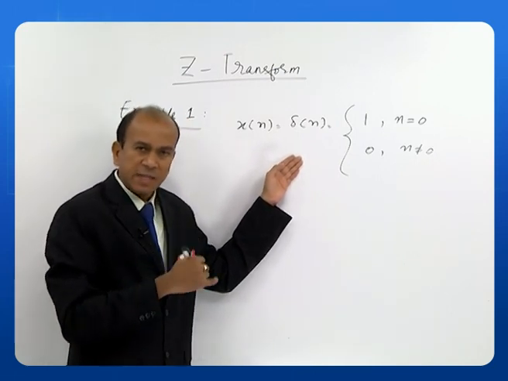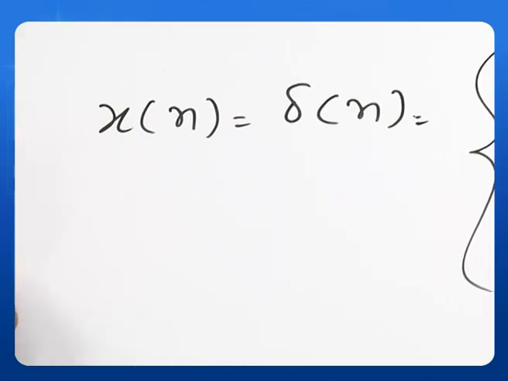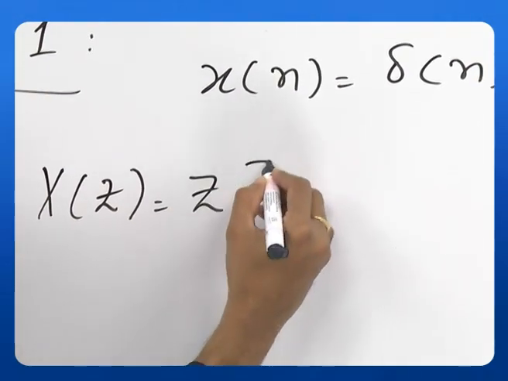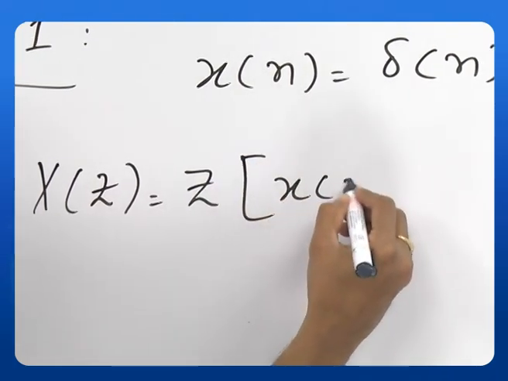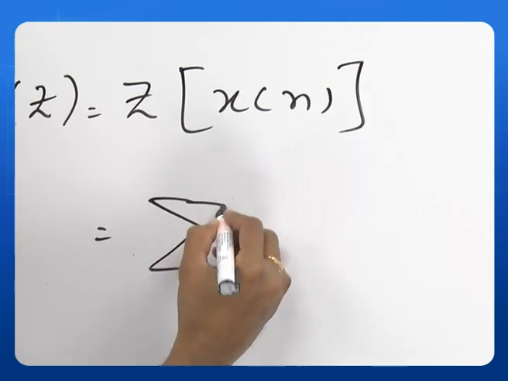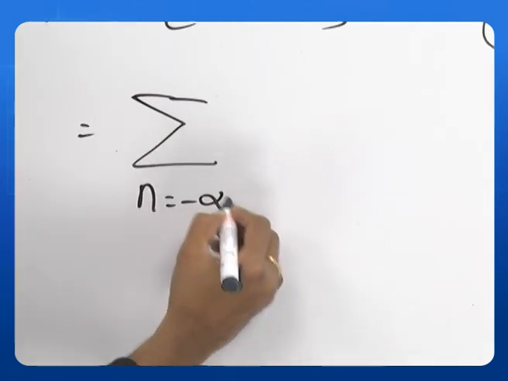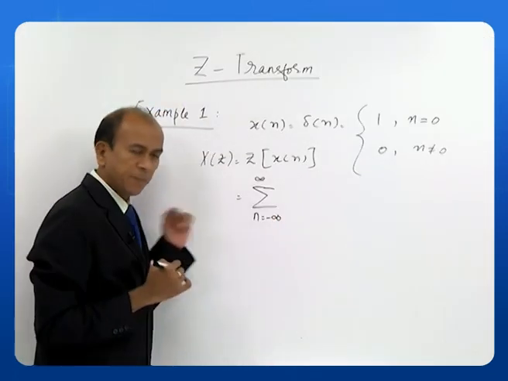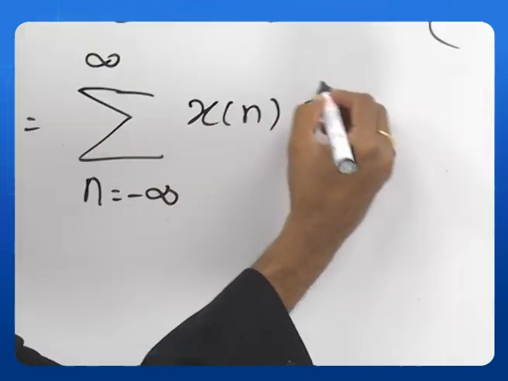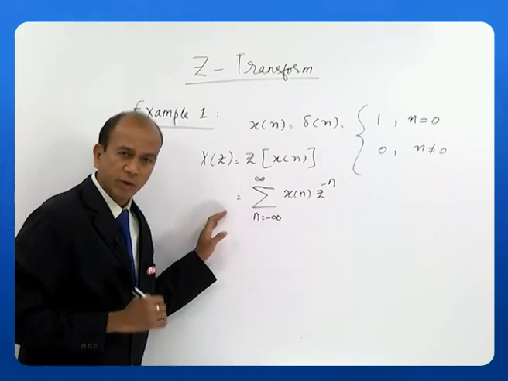Let us calculate the z transform for this. So, X of z is the z transform of x of n, and is given by the formula summation n equal to minus infinity to plus infinity of x of n z to the power of minus n. This is the formula which we know.